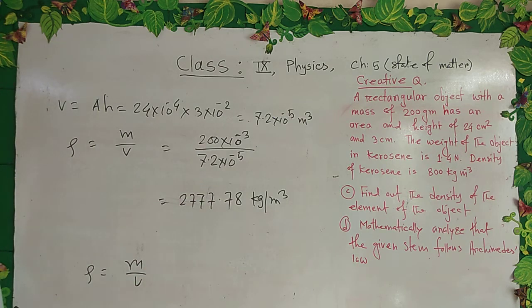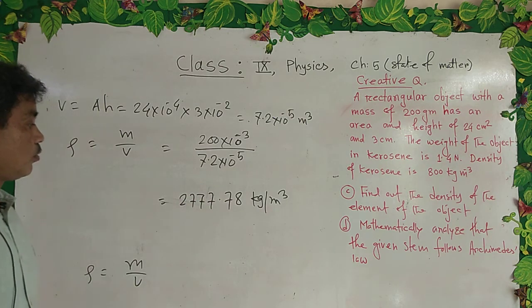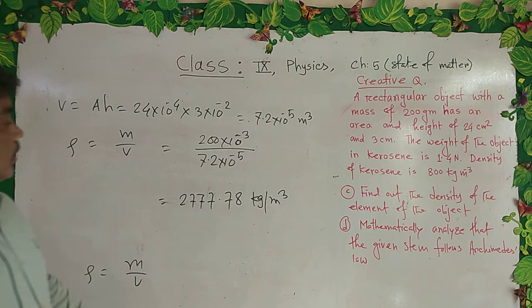After calculating this number, we get rho equal to 2777.78 kg per meter cube. So this is the density of the object, the density of the element of the object.